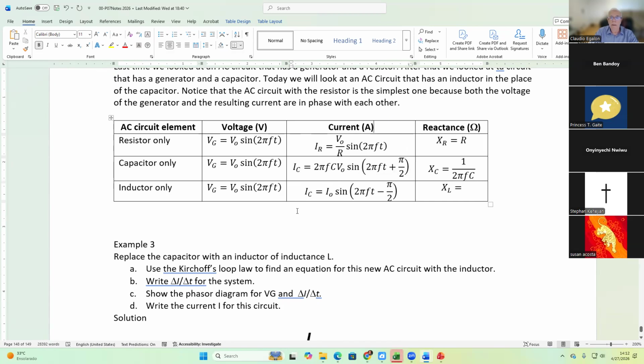Good. 1 divided by 2 pi F C is this term right in here.